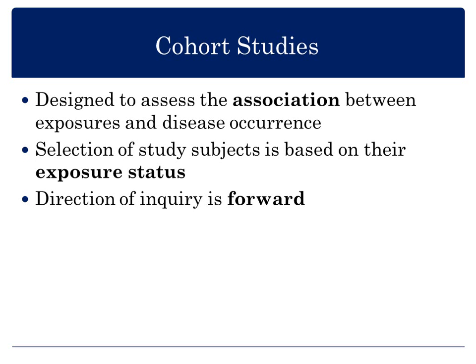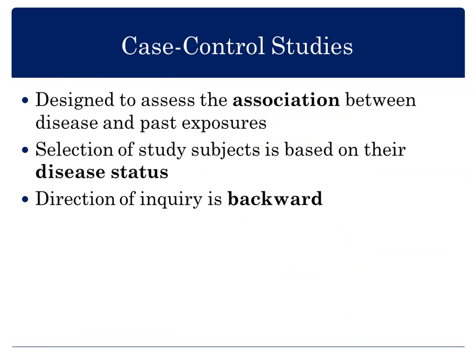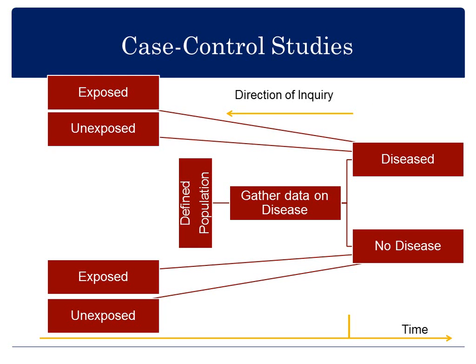So maybe it's 5-year survival, 10-year survival, any kind of outcome that I could be interested in. The direction of inquiry in this kind of study is forward. So this is what's called a prospective study, whereas this was a retrospective study.